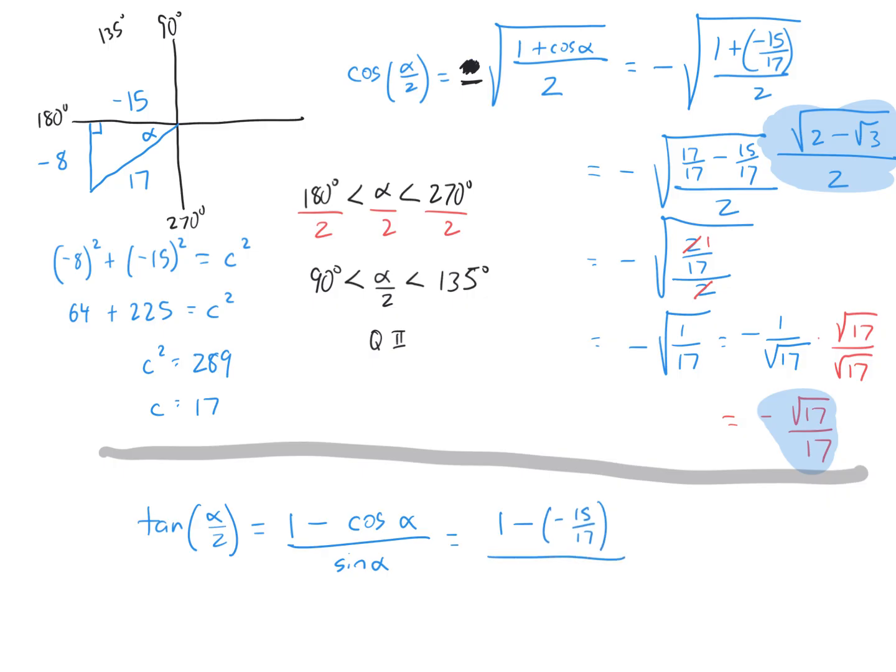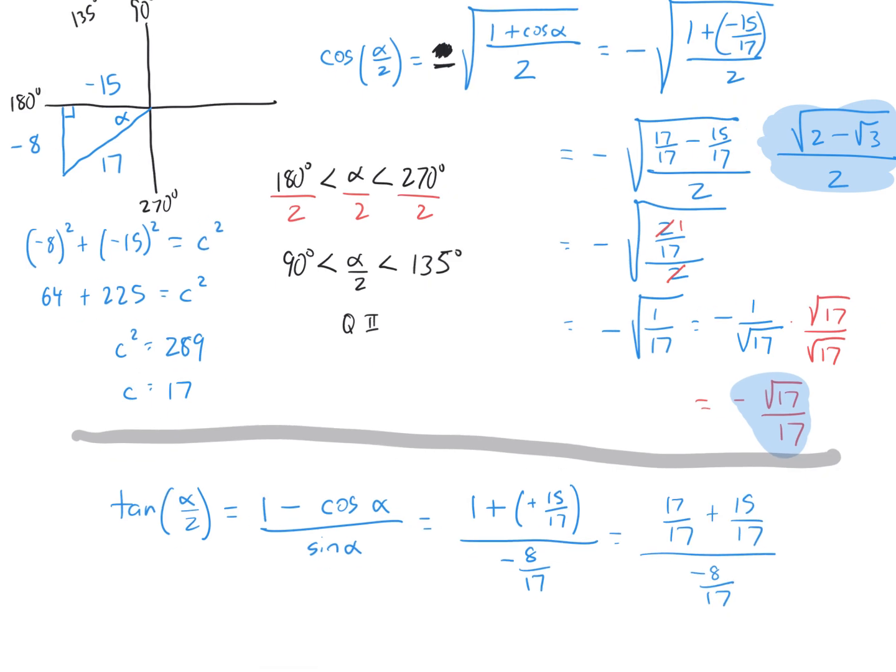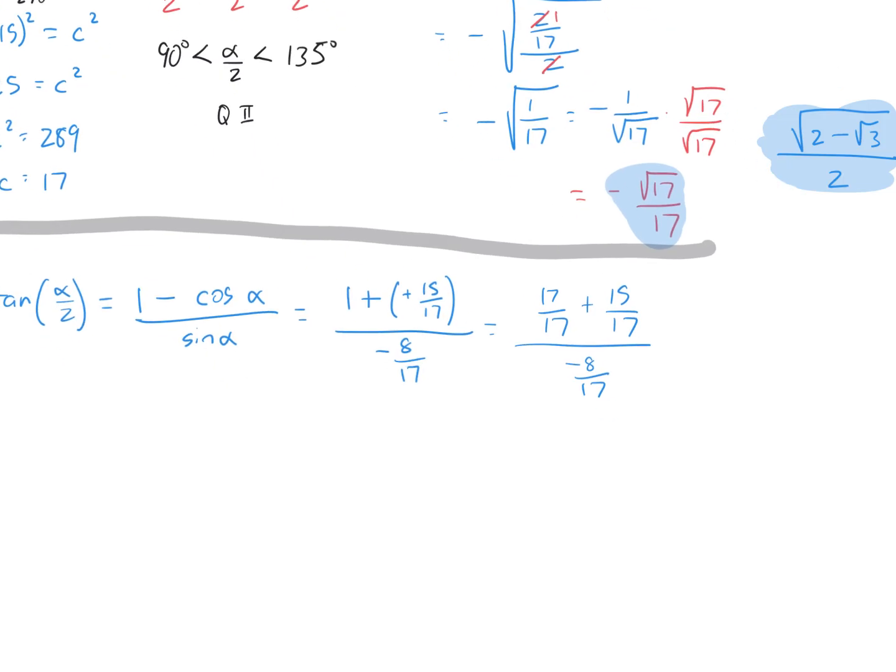Careful with that double negative. And sine is opposite over hypotenuse. Okay, so there's our opposite over hypotenuse. This double negative becomes plus. We have 17 seventeenths plus 15 seventeenths over negative 8 seventeenths. Okay, so that's going to be 32 seventeenths times the reciprocal.